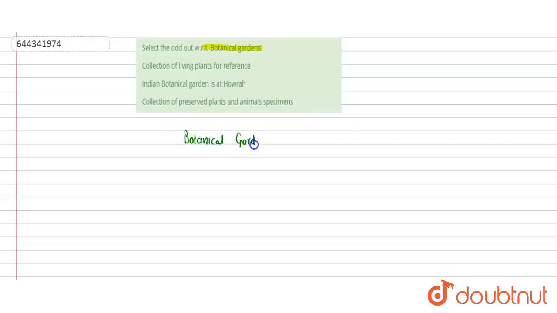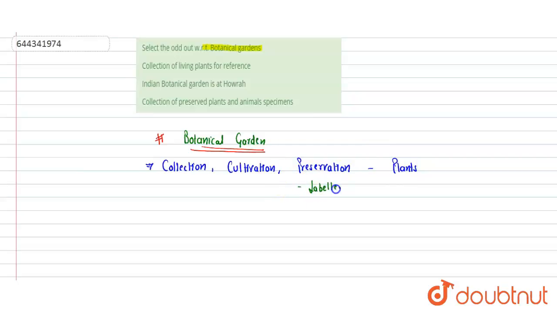Botanical garden. These are man-made gardens which are dedicated to the collection, cultivation, and preservation of a wide range of plants labeled with their botanical names.